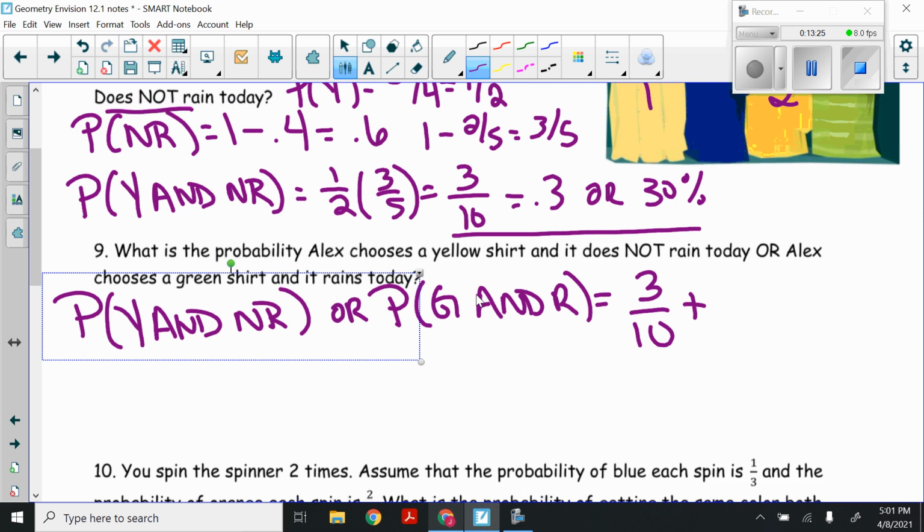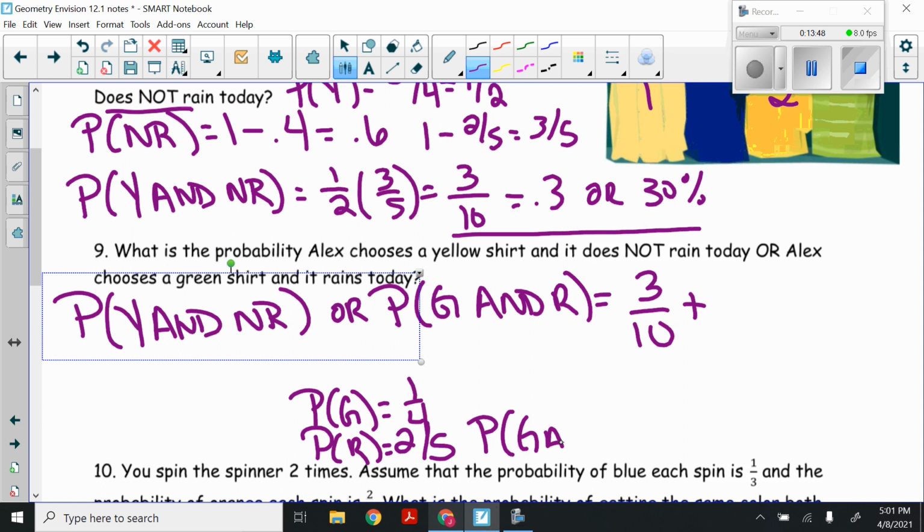So right here, let's look at this. The probability of green, there's 1 green shirt, so it's 1/4. The probability of rain, we know it was 2/5. So the probability of green and rain, we multiply.